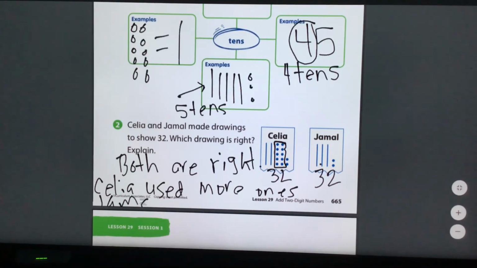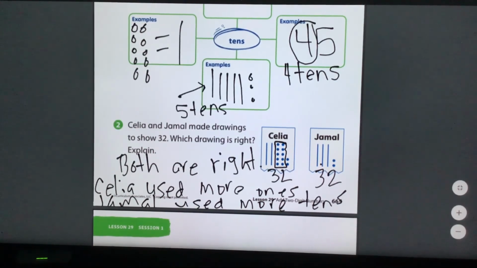Jamal used more tens. They are both correct. That's the important thing. Just like with our boom problems, always make sure you count and double check what they're asking.